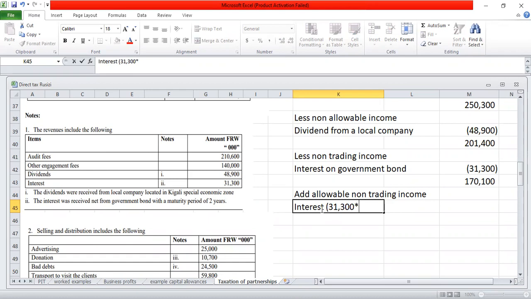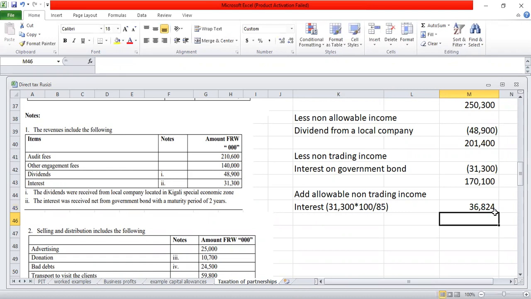If it is 2 years, it means the withholding tax is 15%. So I will get 100 divided by 85. That one, 300 times 100 over 85.